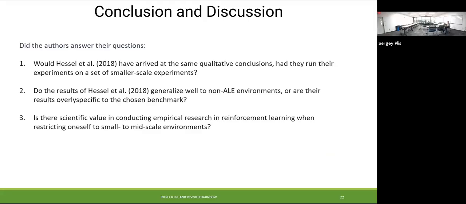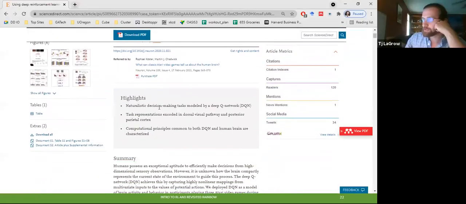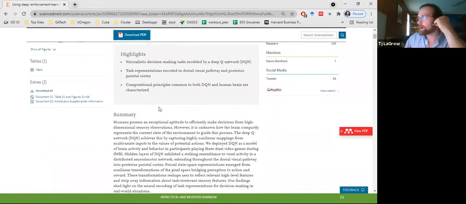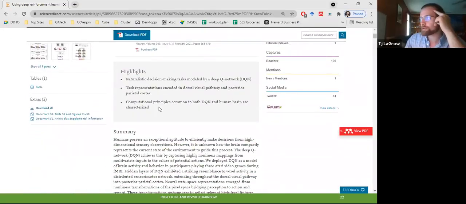Well, do you have some seed ideas? Yeah. So are you still able to see the screen? Yes. So I found this paper that was published earlier this year, and what they're trying to use is a DQN as a representation of how to learn the state space of an Atari game.